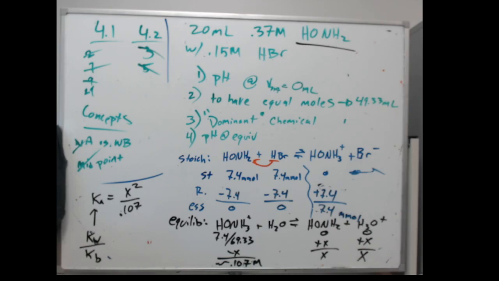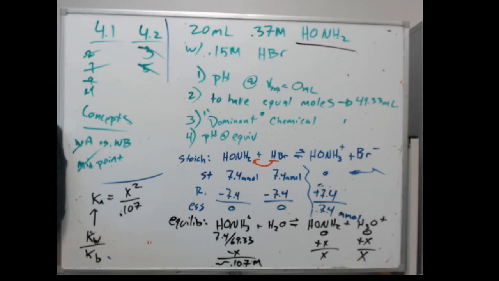I was wondering if you could do it a different way, where you find the concentration of HBr and then convert it using the Kb. That's what we're doing next. We're learning that Wednesday and Friday.